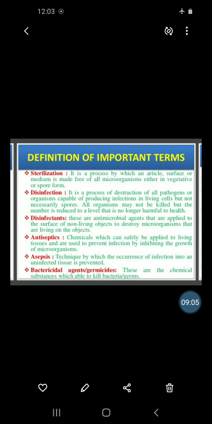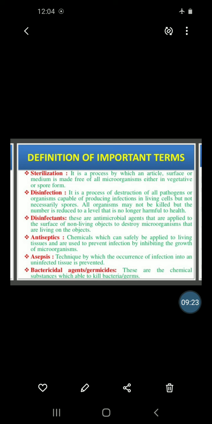First, the physical method. It is the most common method of sterilization. In this method, heat is used to kill the microorganisms in the substances.